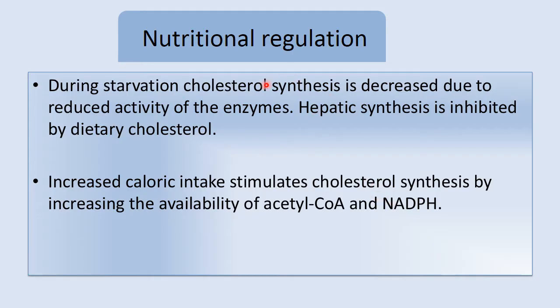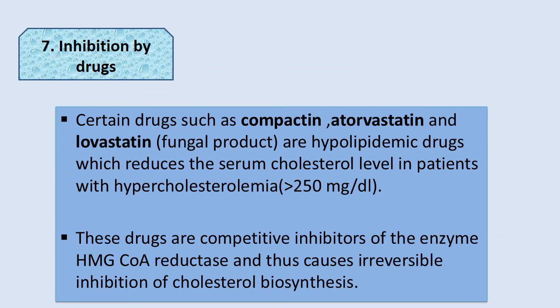Then nutritional regulation, of course, is the same. During starvation, cholesterol synthesis is decreased due to reduced activity of the enzyme. Hepatic synthesis is inhibited by dietary cholesterol. Increased caloric intake stimulates cholesterol synthesis by increasing the availability of acetyl coenzyme A and NADPH.